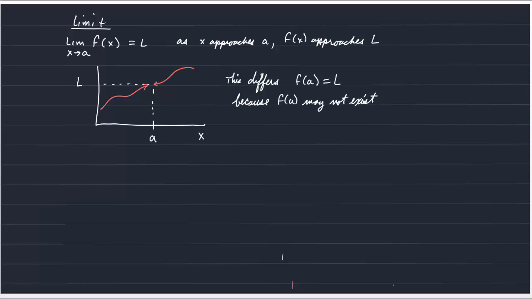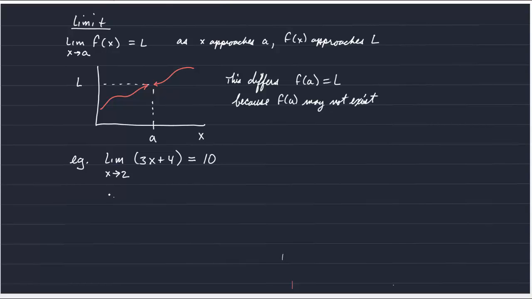So let's consider an example. As x approaches 2, let's look at what 3x plus 4 approaches. And this is a relatively simple limit because this is a continuous function, and f of 2 does exist, and the answer is of course simply 10.